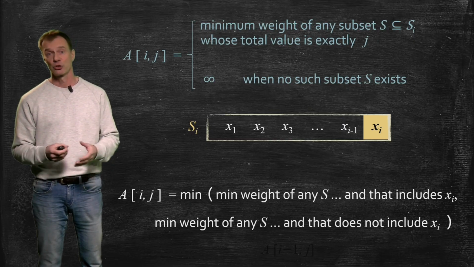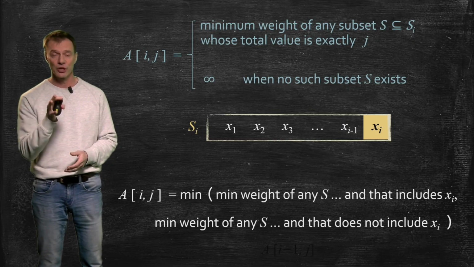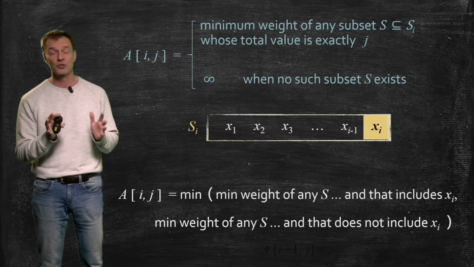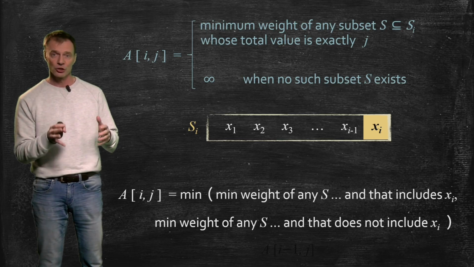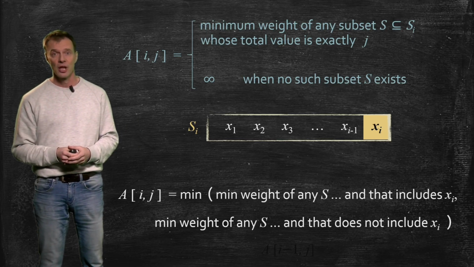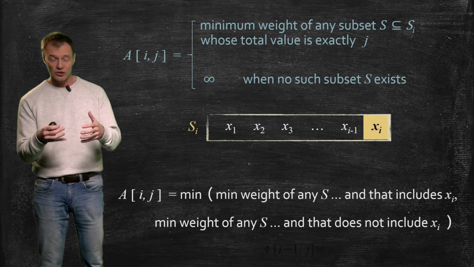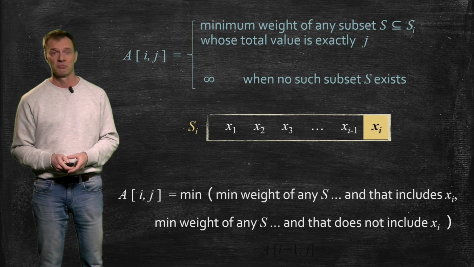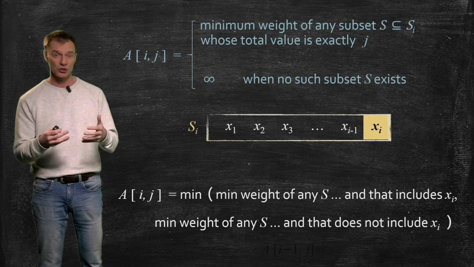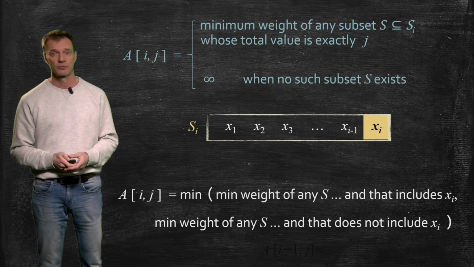Well, there are two things we can do. If you look at the last item, xi, there are two types of solutions, you could say: the solutions that have xi as part of the solution, and the solutions that do not include xi. And of course, the best solution is simply given by the best over these two options.